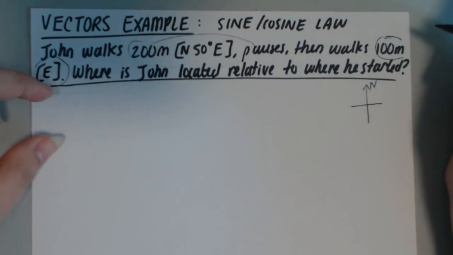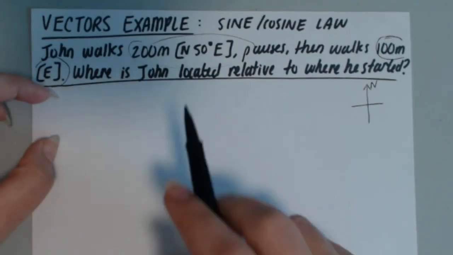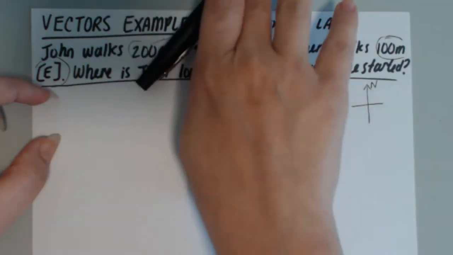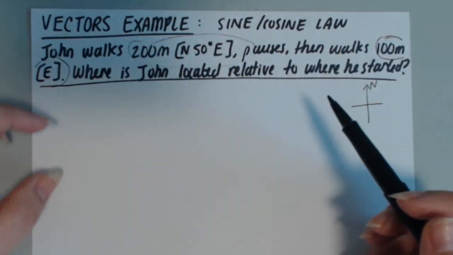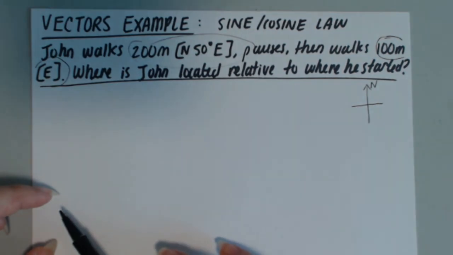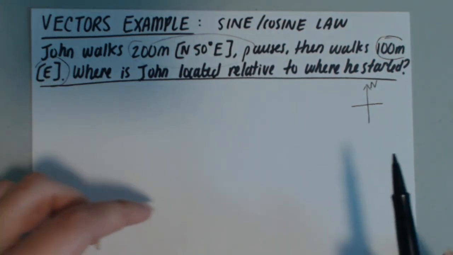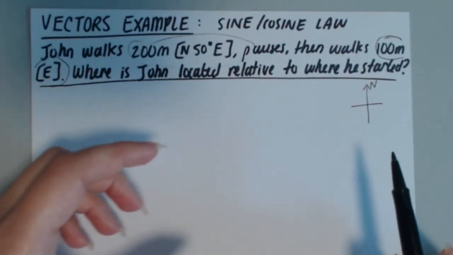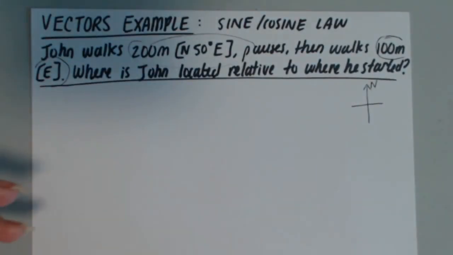For instance, you wouldn't start drawing your vector in the top left here because I have to go north 50 degrees east. That means I'm going in this kind of direction, going into the word problem at that point. So I need to start a bit lower. In some problems, you might end up going north and then west off the page, so then you would have to start over here. So try to visualize where you are and where you're going before you start drawing.